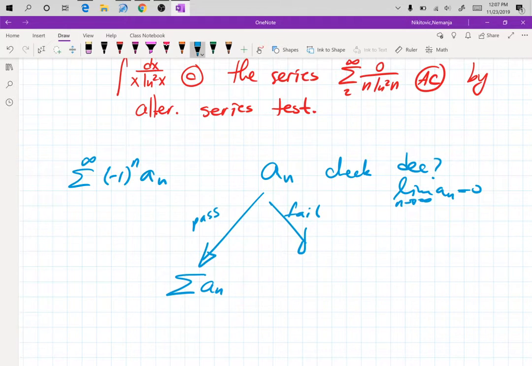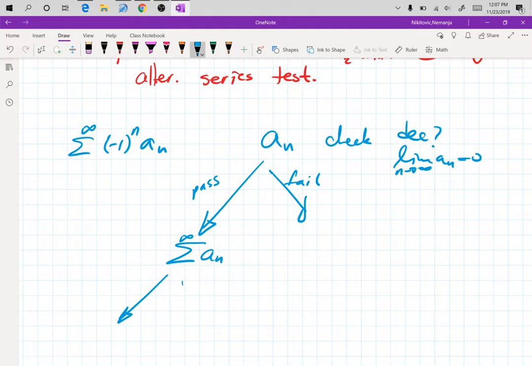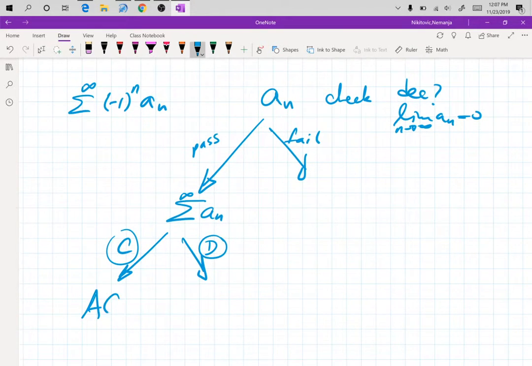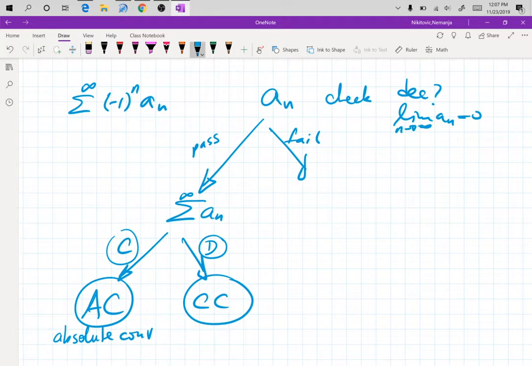You take the summation of a_n, ignoring (-1)^n in this case, and that can converge or diverge. If it converges, like it did in our problem, we get absolute convergence, and if it diverges, we have conditional convergence. And if it fails, we just have divergence.